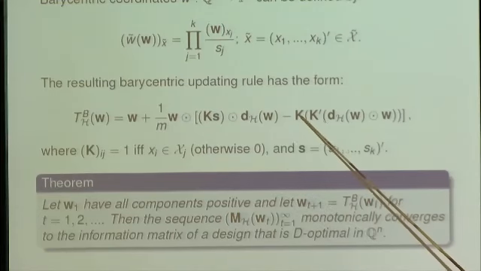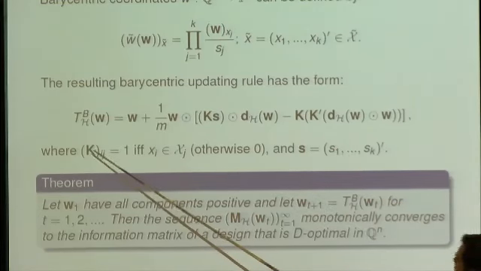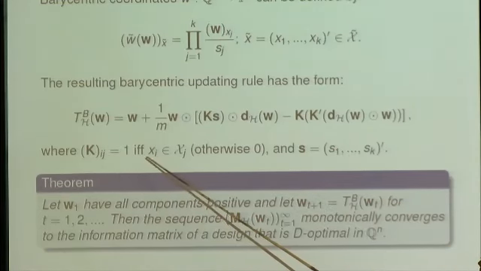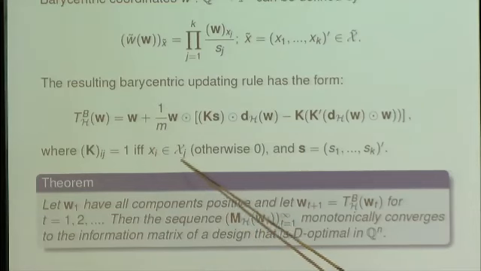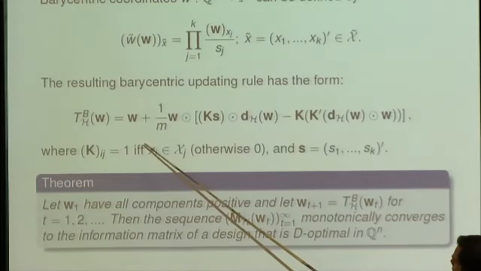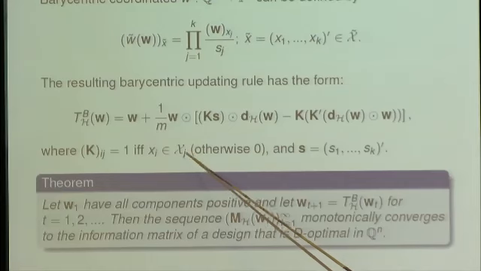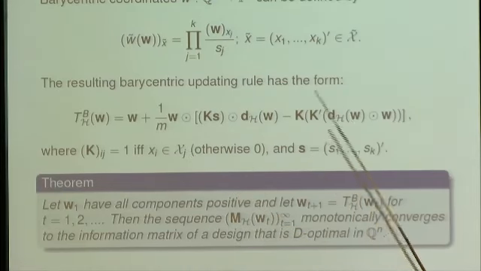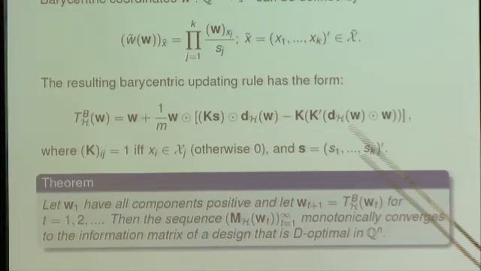K, the matrix K, is simply a matrix with zeros and ones, defined by it's exactly 1 if xi belongs to the stratum xj, and otherwise 0. So it's a relatively small matrix. And S is a vector of our constraints, these S1 to Sk.